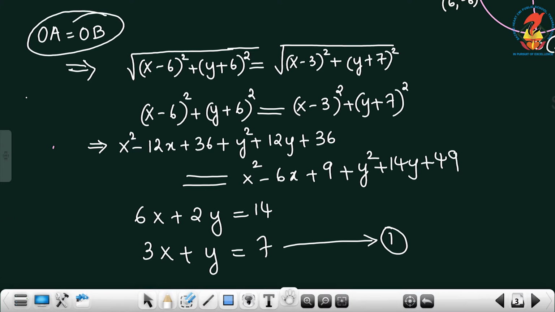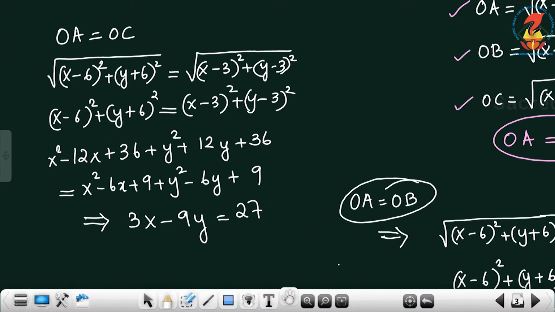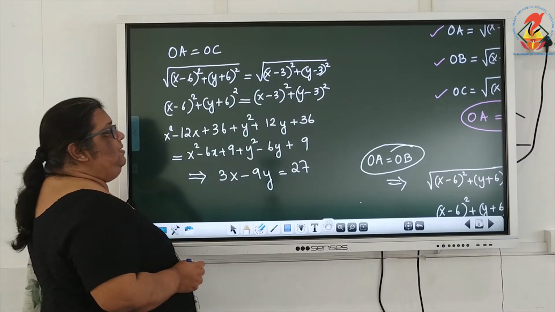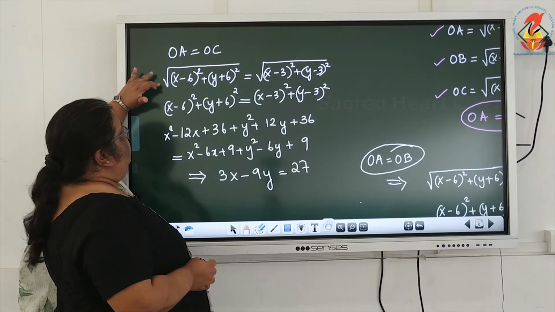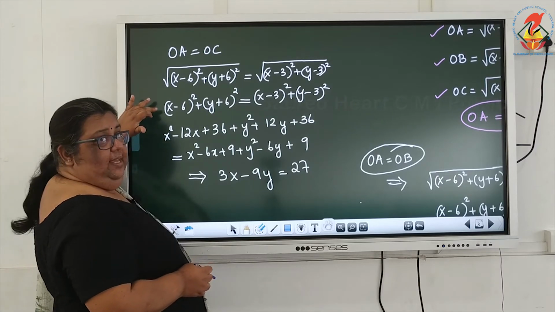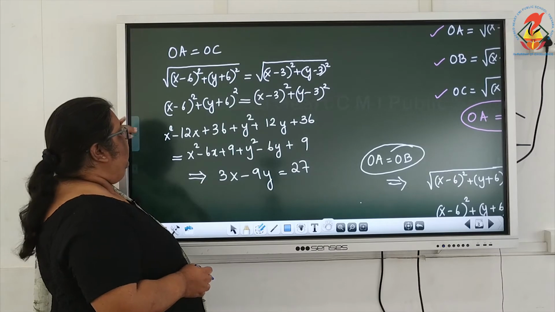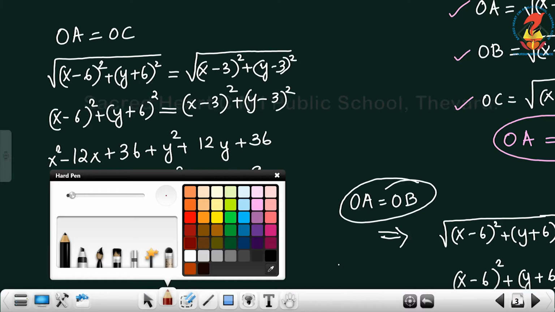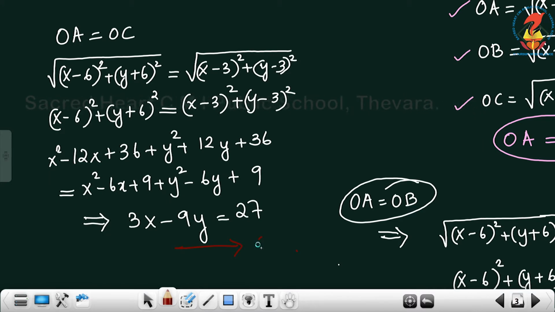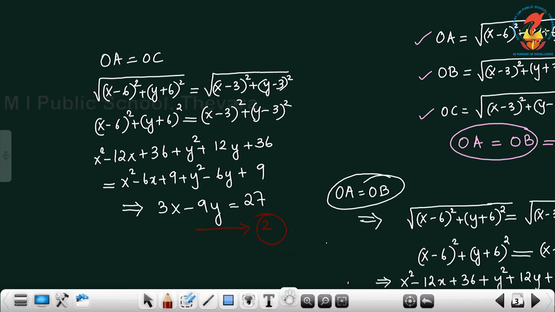Now, similarly, I need to find OA equals OC. The same steps. The square root sign should be removed by taking the square on both the sides. Simplify it. I will get the second equation as 3x minus 9y equals 27.